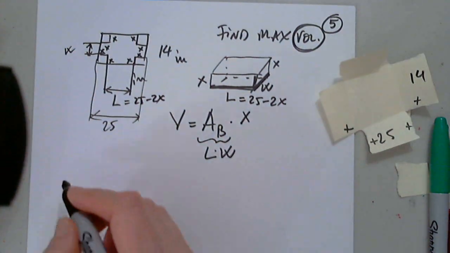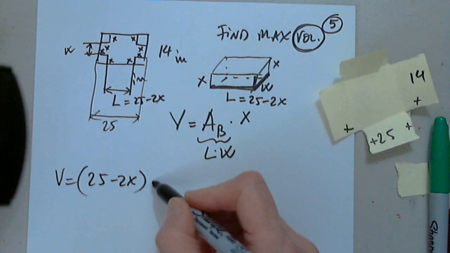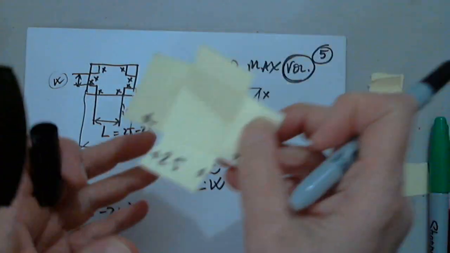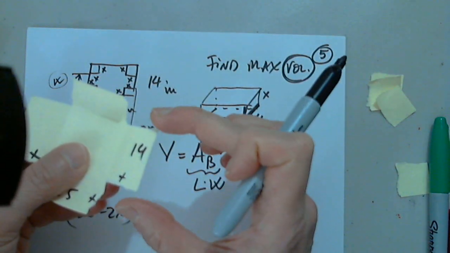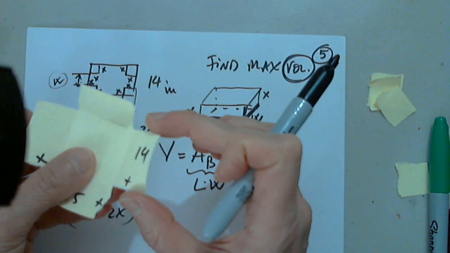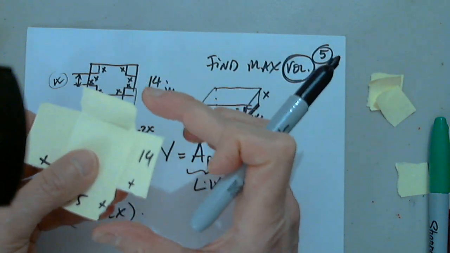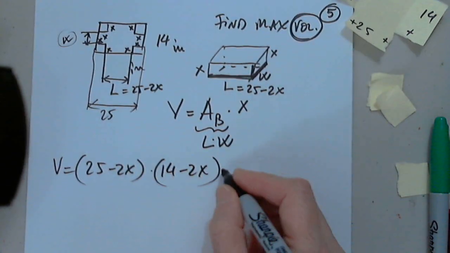So then the volume is 25 minus 2x for the length times, let's see, what is the width? So I had here 14, but I removed an x and I removed an x. And now how much is the width? It was 14 minus 2x. 14 minus 2x. And then times x.